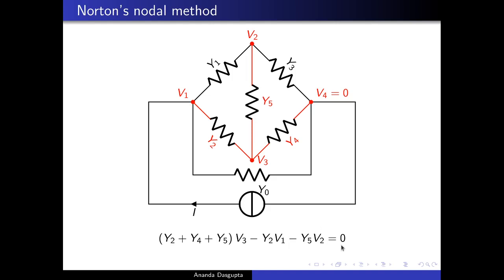So once again, you should be able to write down the nodal equations without any thought. You can write them down almost automatically. Total admittance of all the wires joining to this particular node into the voltage of the node, minus adjoining node voltages times the admittances joining them, and that's equal to the net current going in.